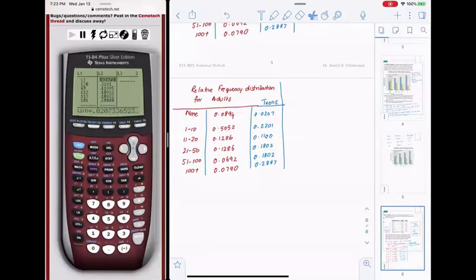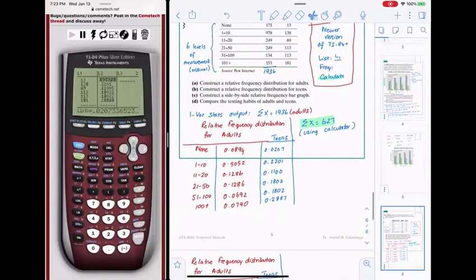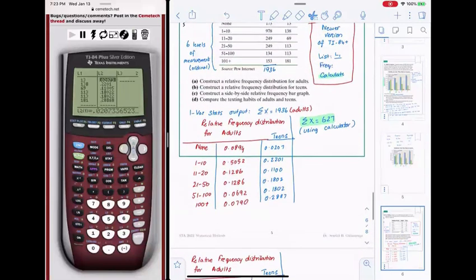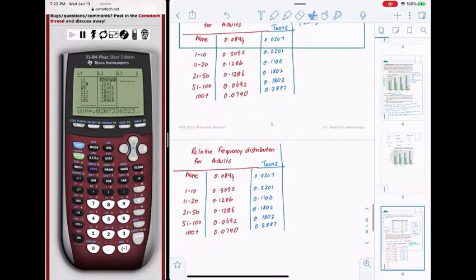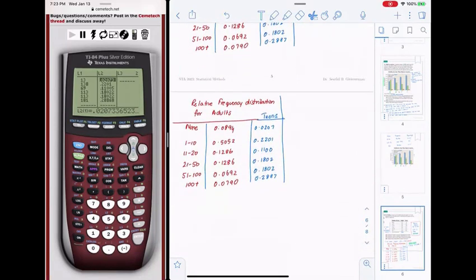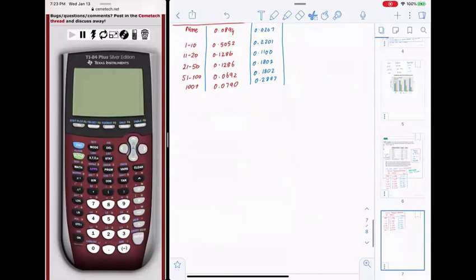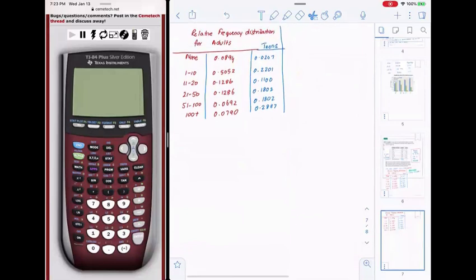So that is the table that we created, and now they want us to construct a side-by-side relative frequency bar graph. I'm going to use red for the adult group and blue for the teen group.